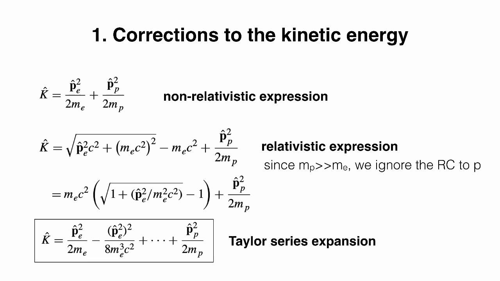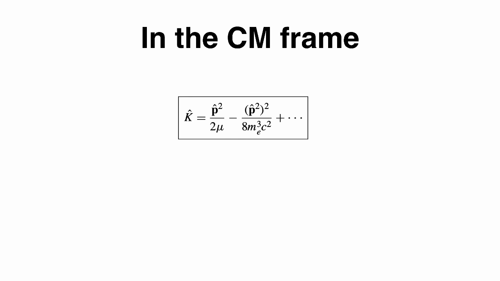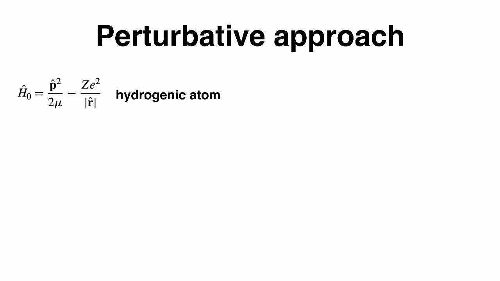Instead, we're going to see what's the effect on the correction of the energy using the p to the power 4, in fact, as a perturbation to the Hamiltonian. So this is my kinetic energy in the center of mass frame. We have not replaced the second mass m_e by a mu because essentially m_e cubed is very much the same anyways, because the mass of the electron is so much smaller than the mass of the proton.